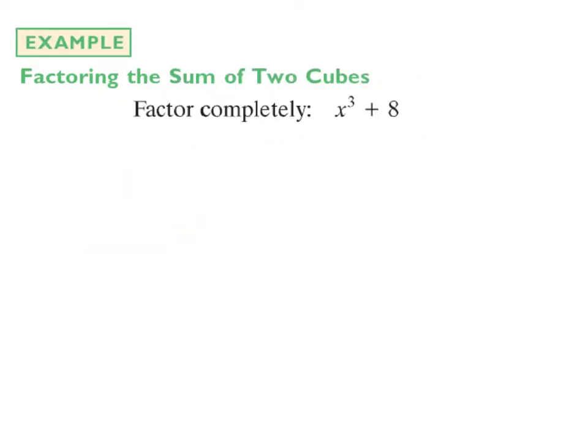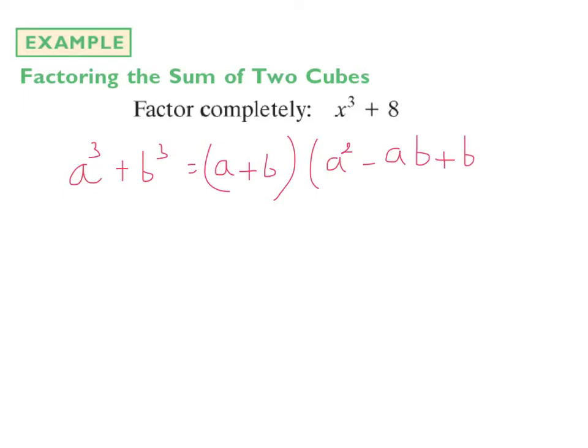Well, here we have the sum of two cubes, which is x cubed plus 8. First, let me remind you of the property: with the sum of two cubes, we have a cubed plus b cubed equals a plus b times a squared minus ab plus b squared. As we see here, we have x cubed plus 8.